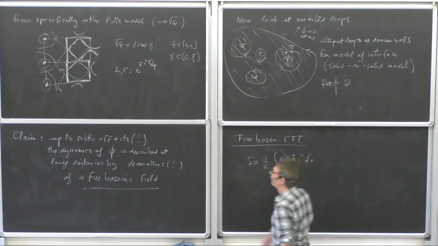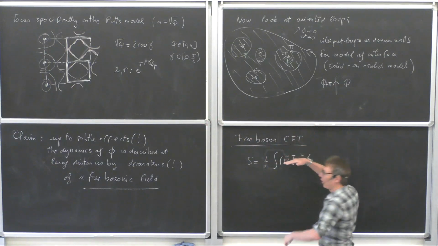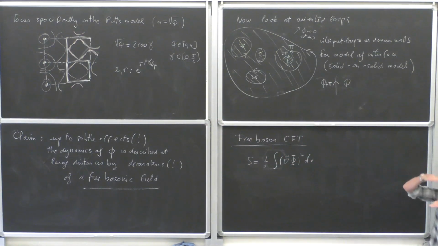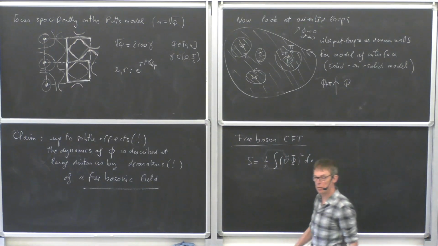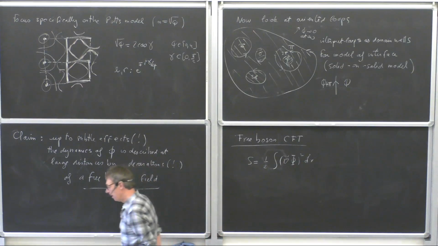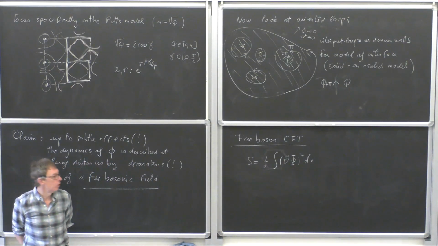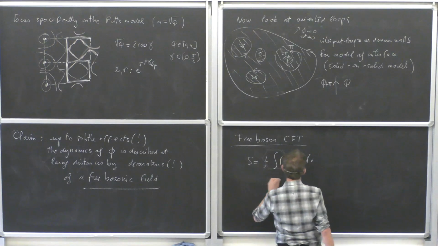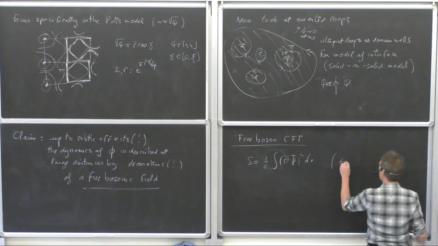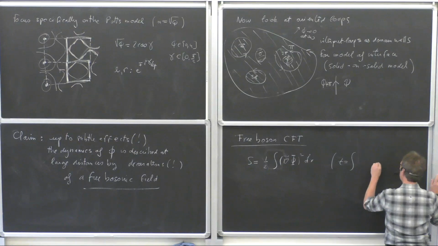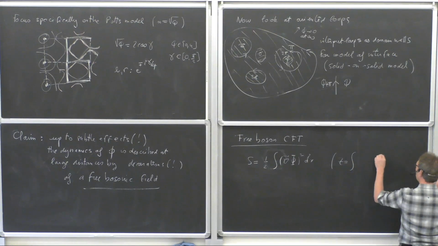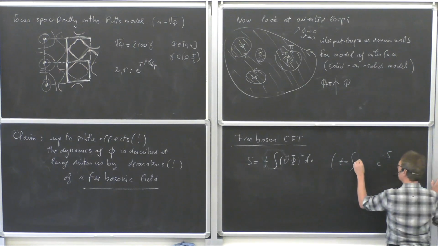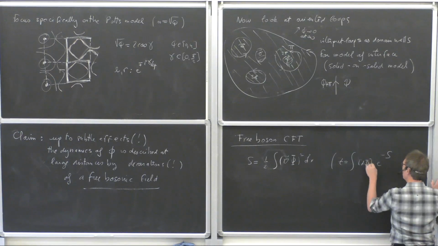This is a phi without the hat and the shoes. This is a phi with hat and shoes. Don't confuse the two. There will be a normalization issue. But basically, the free boson is a model whose action is this, which means, for instance, that the partition function is defined as the integral over all the configurations of e to the minus S. Okay?